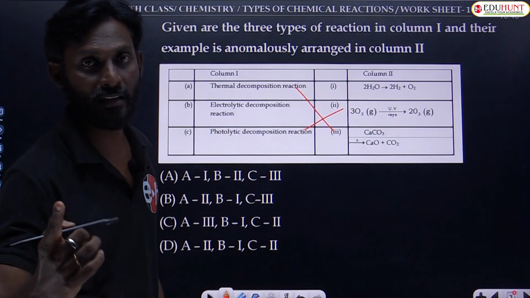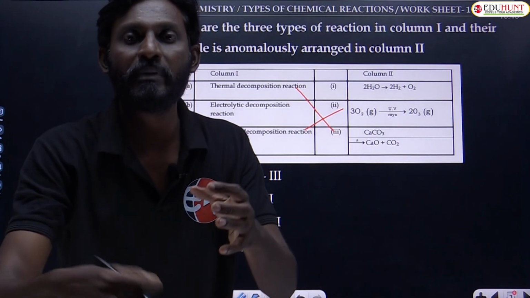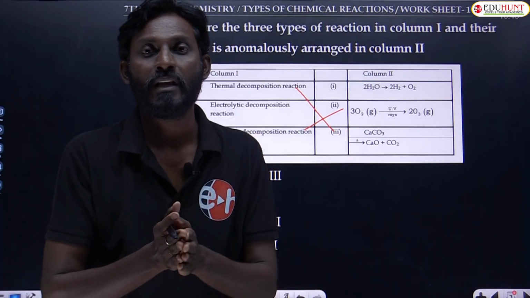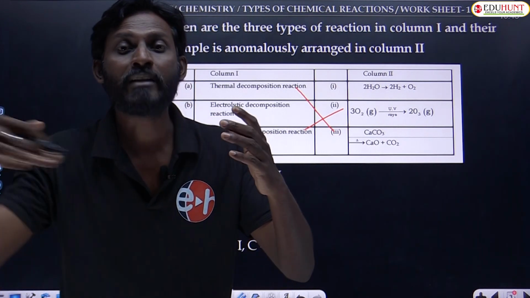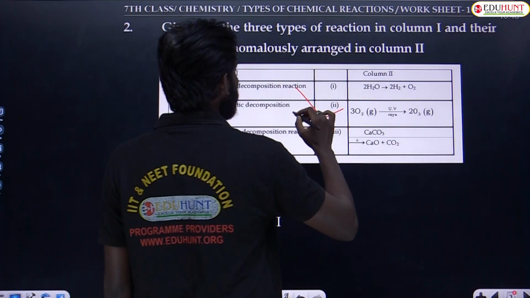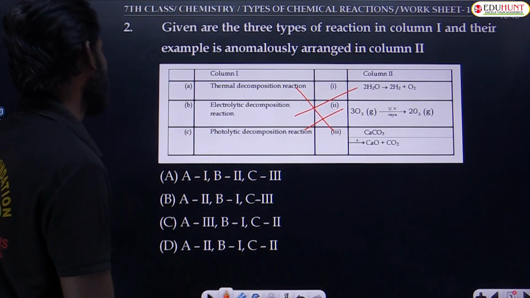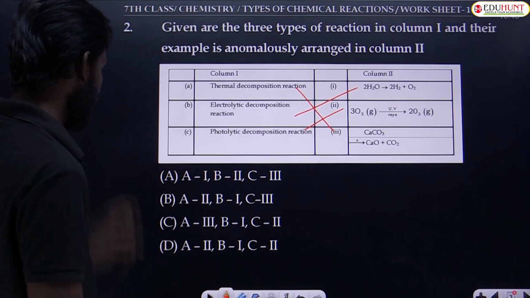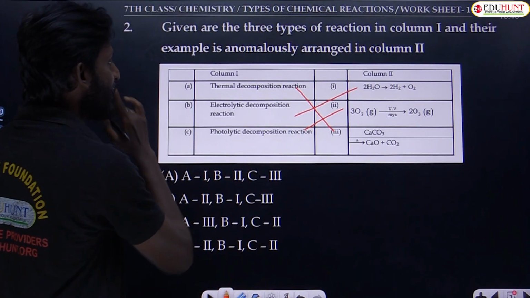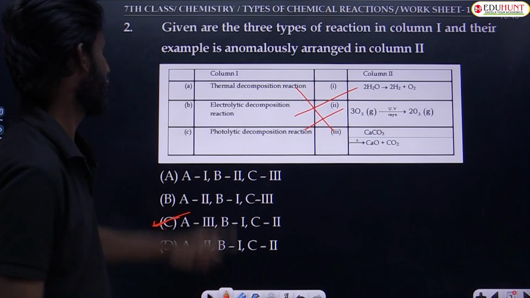And you know very well, when you pass electricity through an aqueous medium, water undergoes decomposition. At anode and cathode, hydrogen gas and oxygen gas are liberated. So the decomposition of water by passing electricity is electrolytic decomposition. So for A it is 3, for B it is 1, and for C it is 2. The C option is the best.